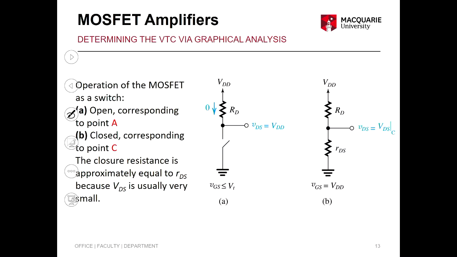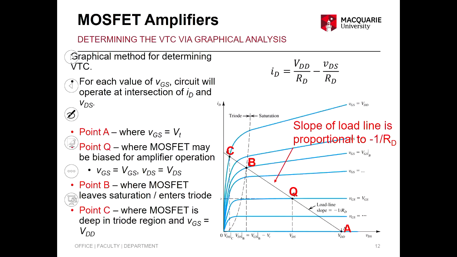Now, I talked about using the transistor as an amplifier, but we can also use it as a switch. If you use it as a switch, ideally the switch would become an open circuit. So to open this, we have to be operating at point A, because point A represents ID equals 0, no current.